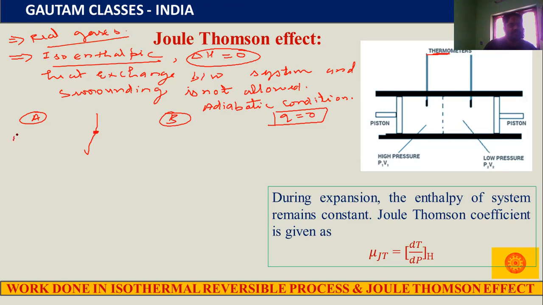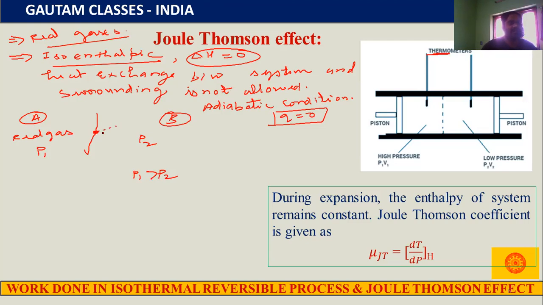Through that hole, any real gas, its pressure is P1 and that block pressure is P2, and one condition here is P1 greater than P2. So if any real gas goes from the higher pressure end to the lower pressure end, entering through the very minute hole, what is happening?